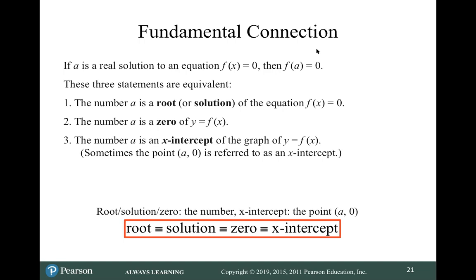We can also call that the zero of the function of that same equation. And we can also call that the x-intercept of the function if we graph it. So the x-intercept is a point. The root or the solution or the zero are all values. They're all the same thing. So all four of those words refer to the same concept.